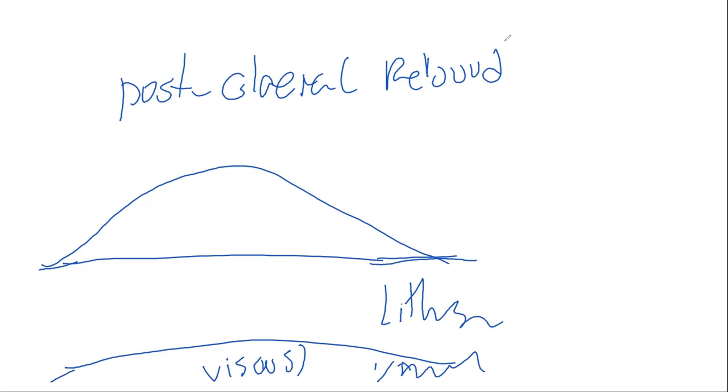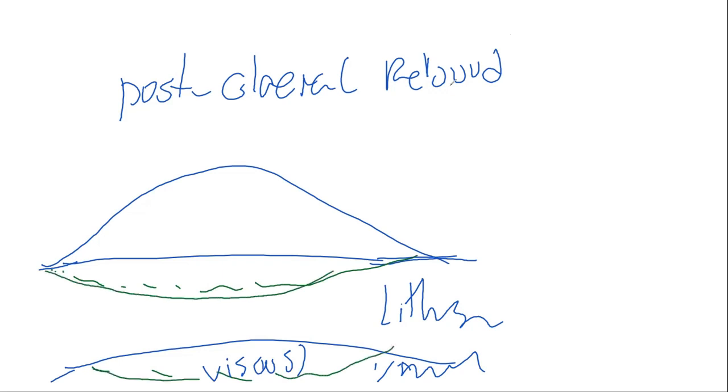And this ice cap presses the lithosphere down, bending it into the mantle. So the lithosphere is bent. It's basically called isostasy.